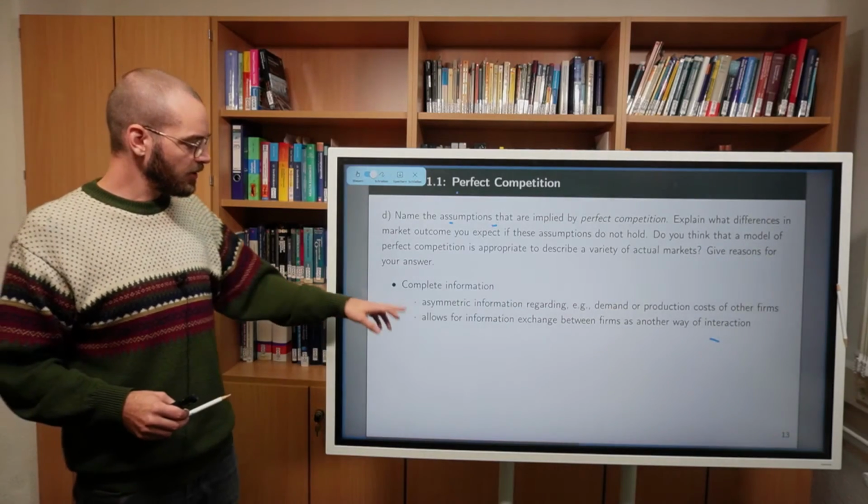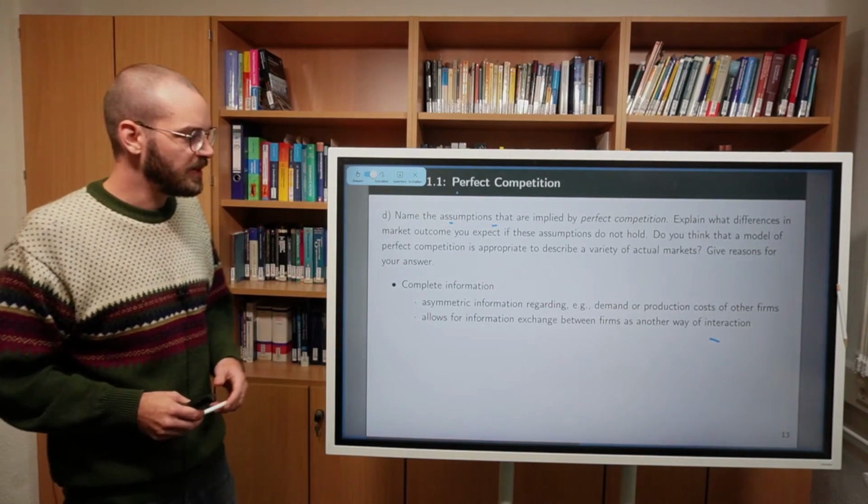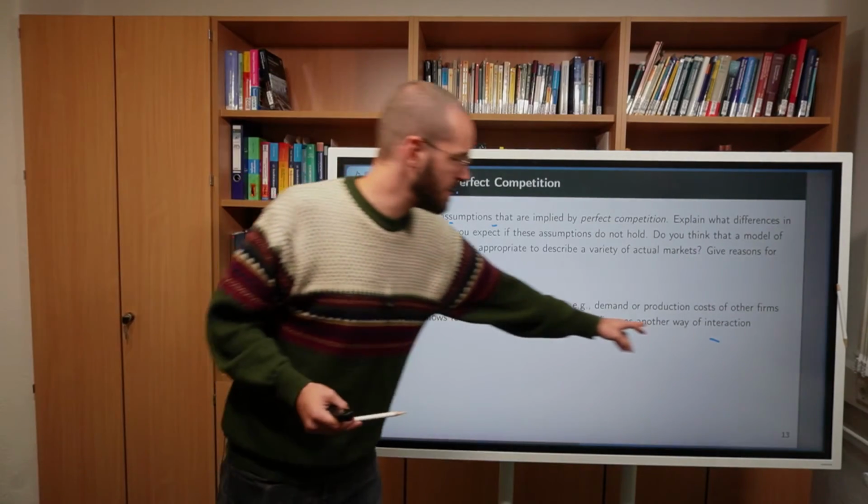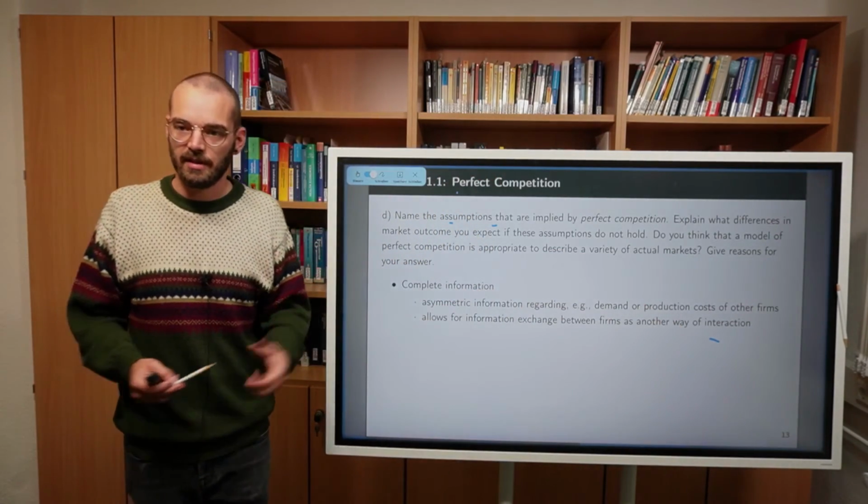And of course, this also allows for information exchange between firms as another way of interaction. And what this implies, of course, is another way of strategic interactions.